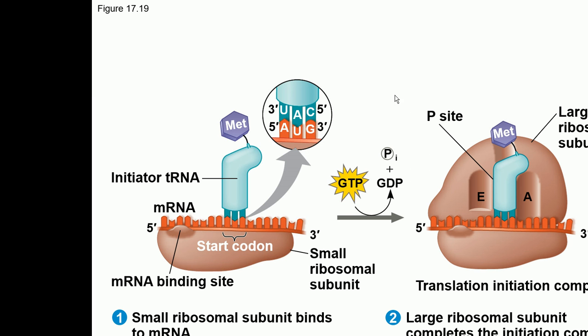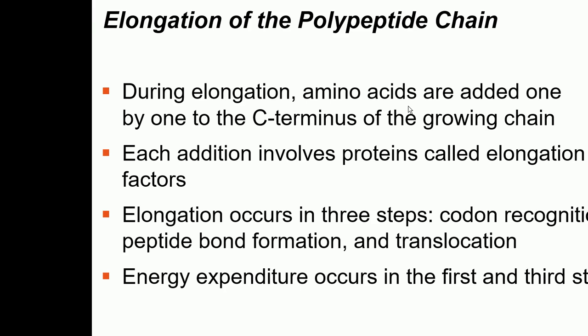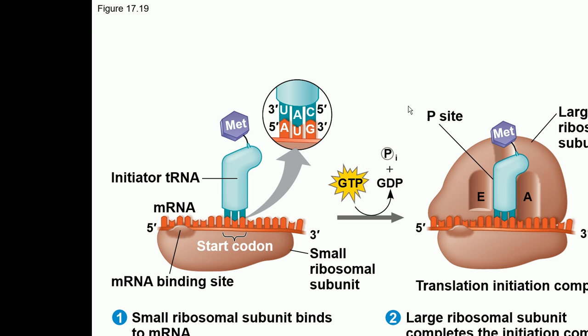It will move from here to here, and this growing chain of polypeptide is going to make its bond with the amino acid on the new transfer RNA, and this transfer RNA which will be having the growing chain will move from the A site to the P site, because the A site has to be always kept empty.